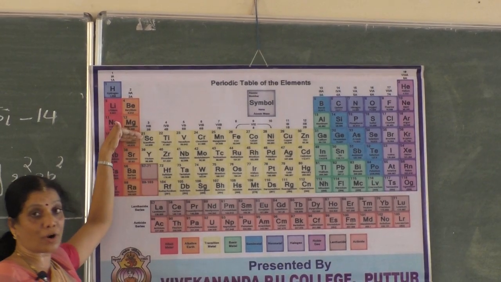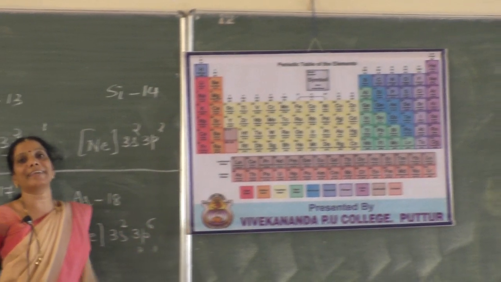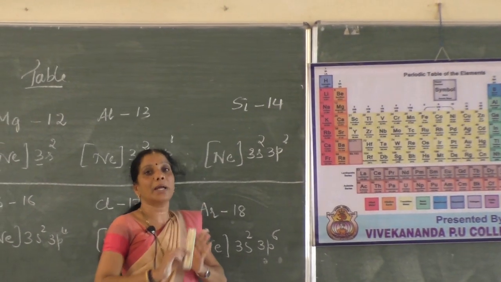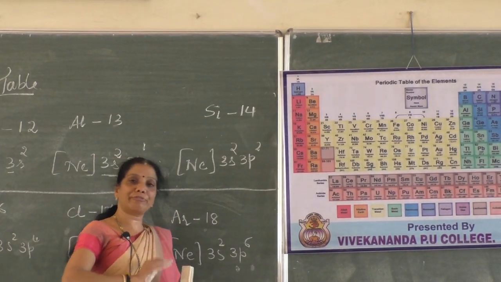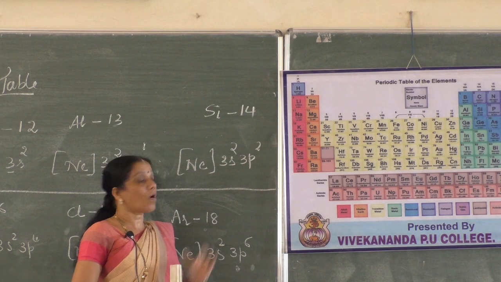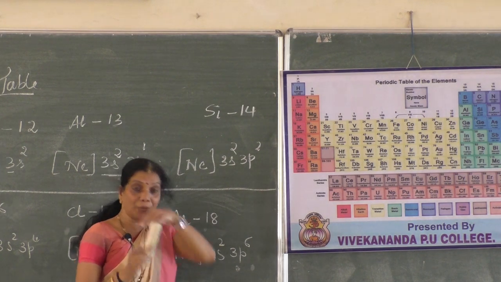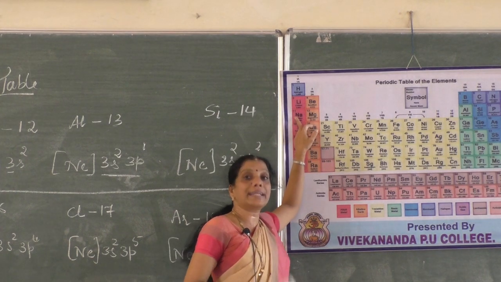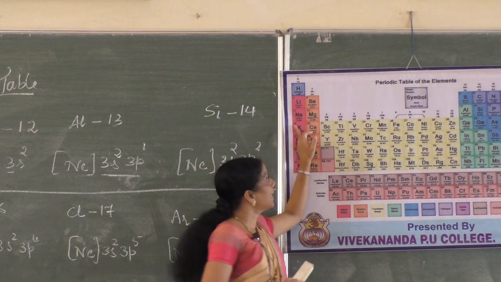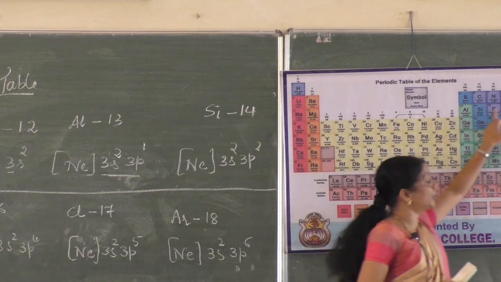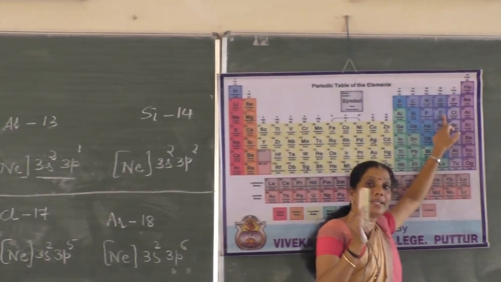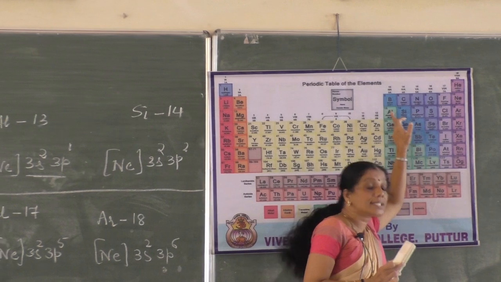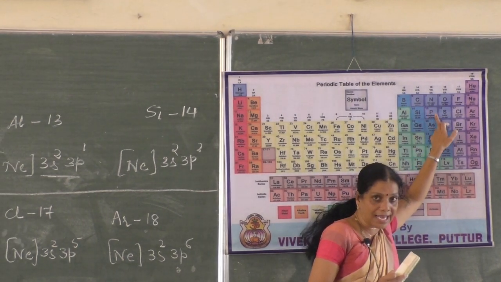Follow this. The reason is very, very important. How does the atomic radius vary along the period as we move from left to right? Atomic radii go on decreasing. Why does it decrease? Electrons get entered into the same main energy level, nothing but the same outermost shell.